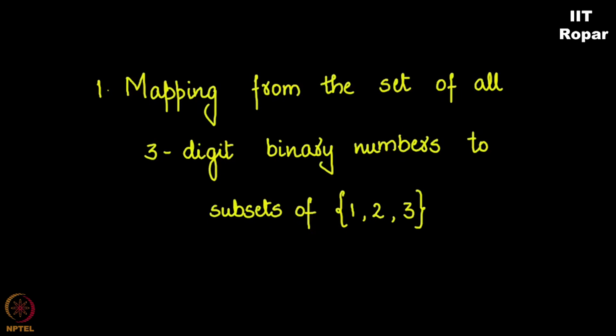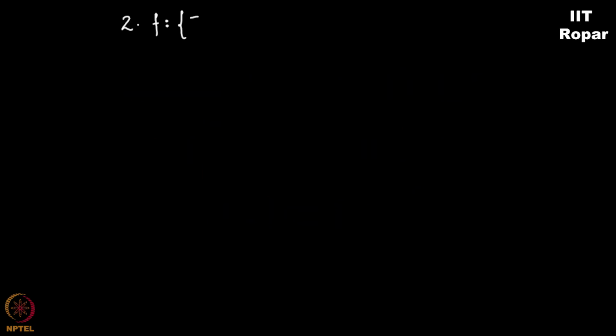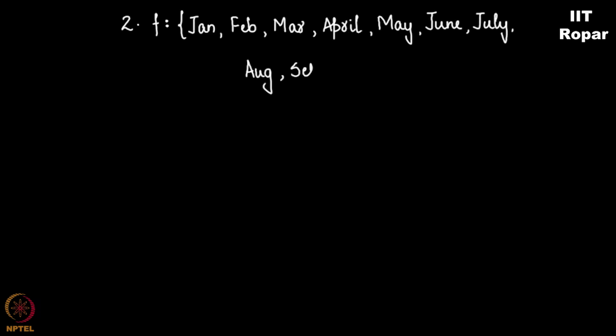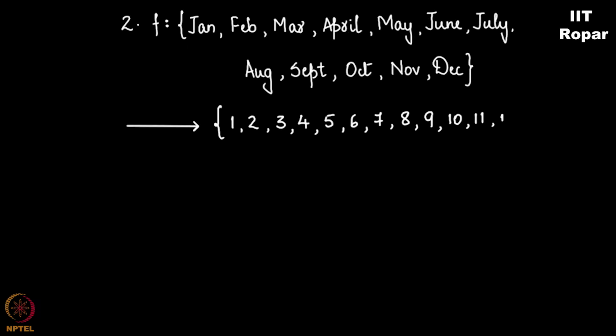Consider this function f from the set of all months January, February, March, so on up to December to the set {1, 2, 3, 4, 5, 6, 7, 8, 9, 10, 11, 12}. So I have the set of my months as the domain and numbers from 1 to 12 as the codomain.